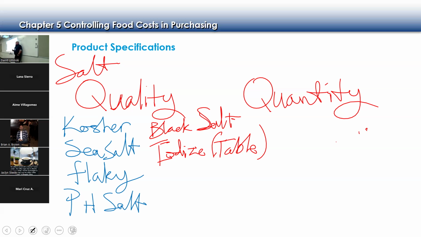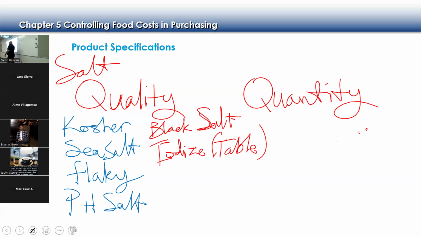What happens if salt gets wet? It cakes. Right, gets all hard and crusty. So what happens if we have a pipe burst and water floods and now we had a 50-pound bag of salt and now it's ruined, right? So sometimes ordering too much product has the potential for it to go bad. Maybe not necessarily expire, but it could go bad, right? In some way.